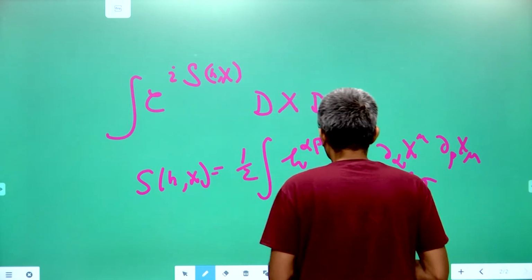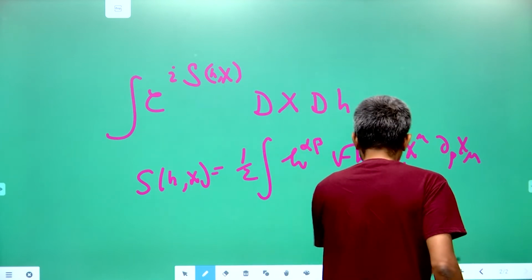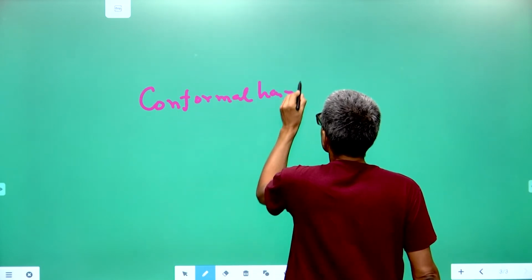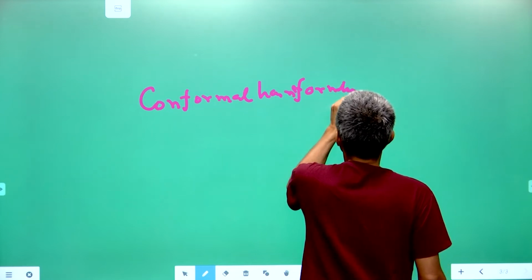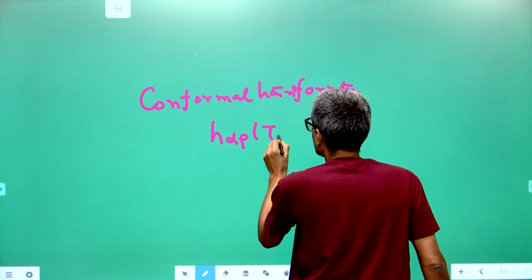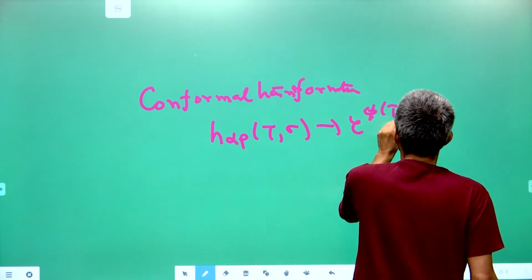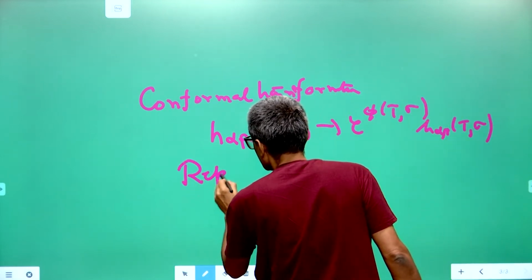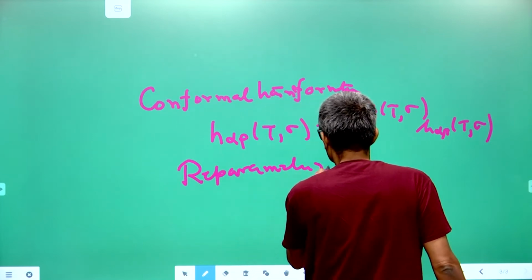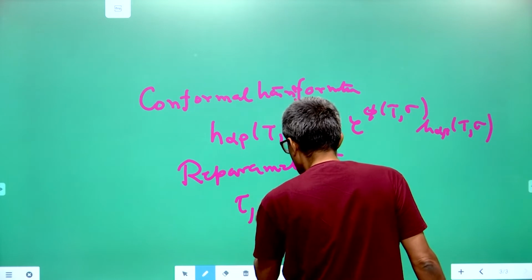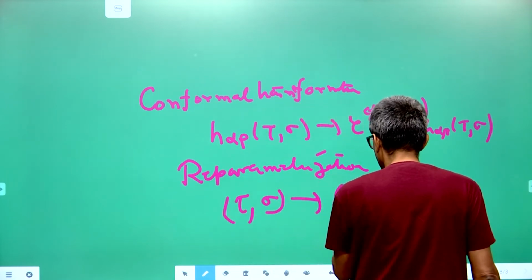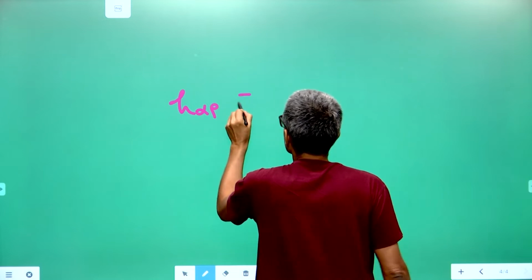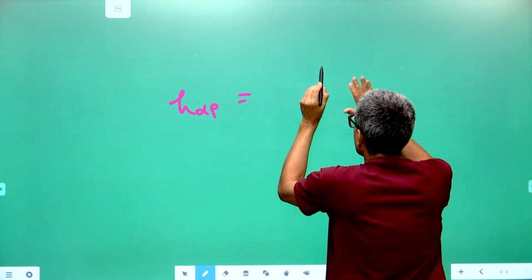By using reparametrization invariance and scalings, that is by using conformal transformations, in which h alpha beta of tau sigma is mapped to e power phi times h alpha beta of tau sigma, where phi is some scalar, and reparametrizations, which means nothing but diffeomorphisms of the string worldsheet coordinates tau dash sigma dash, you can always bring the metric h to the standard form by using these two transformations, conformal transformations as well as reparametrizations.